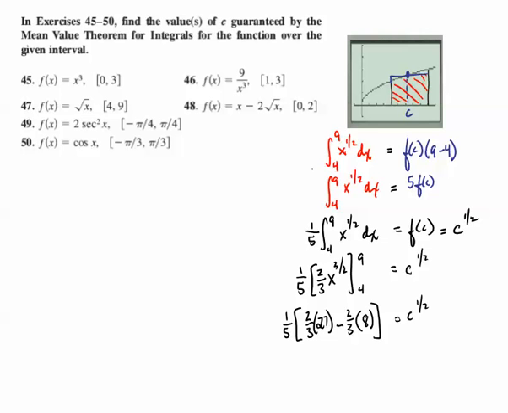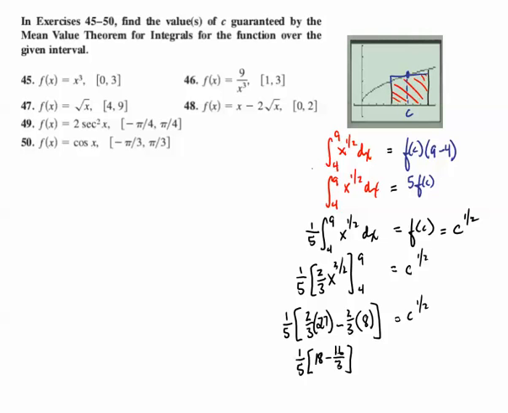I may have been writing there while the video was actually stopped. So we evaluated the antiderivative at the upper limit minus the antiderivative at the lower limit, and we're going to multiply that whole thing by 1/5.